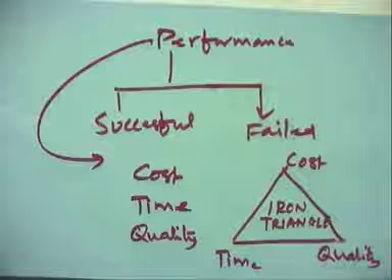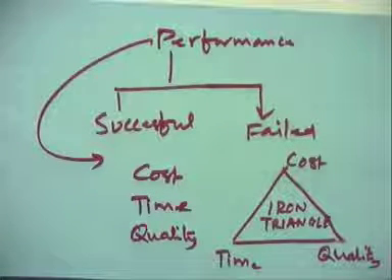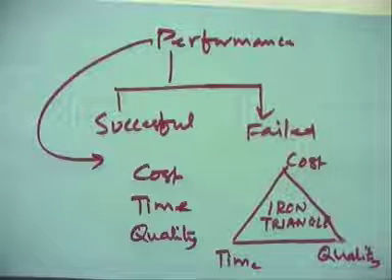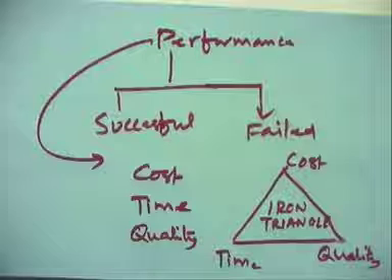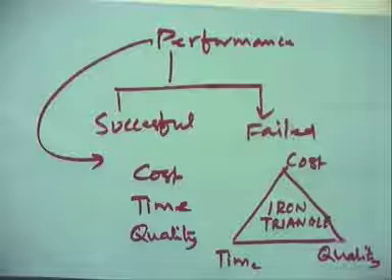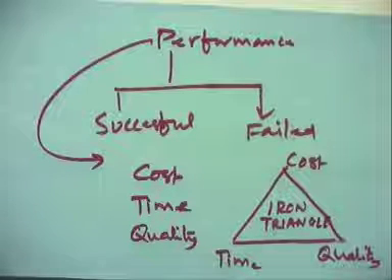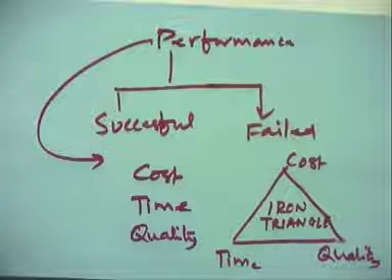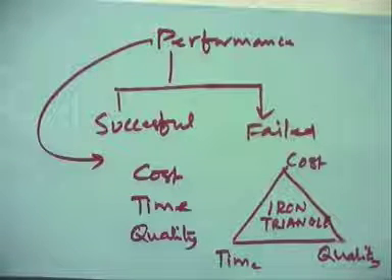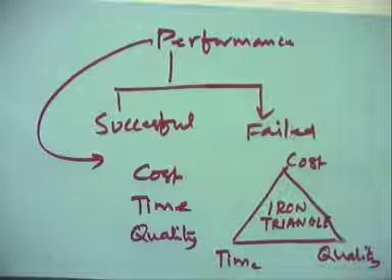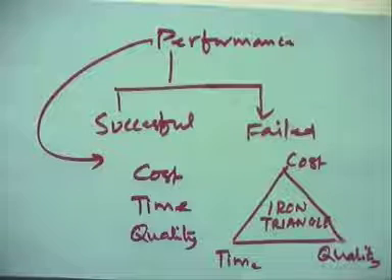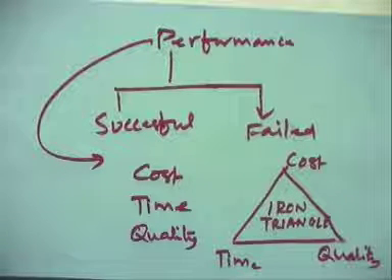So traditionally the performance of projects was measured against these three parameters: whether the project has achieved its cost target, whether it has been completed within the time frame set for the project, whether the quality yardsticks that had been formulated for this particular project have been met or not, right? So these three parameters are your traditional performance measuring criteria, right?